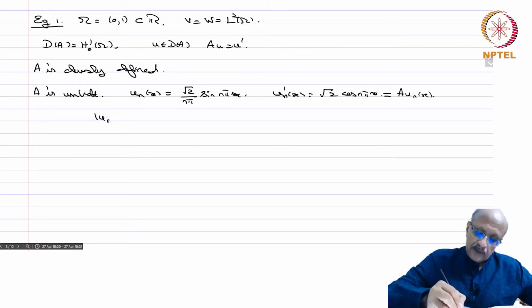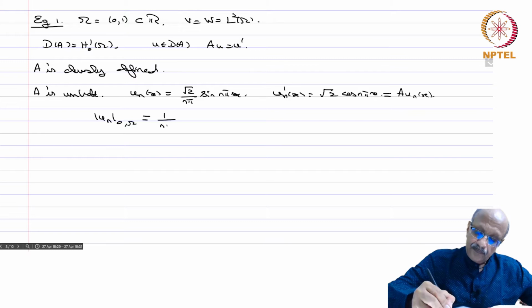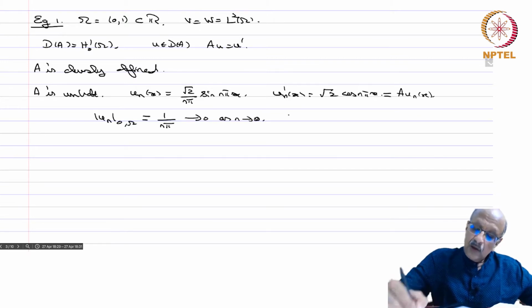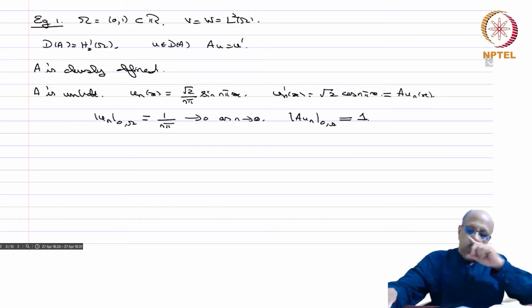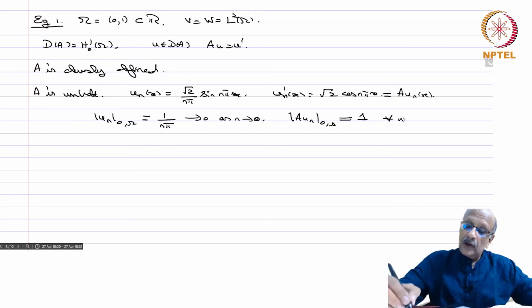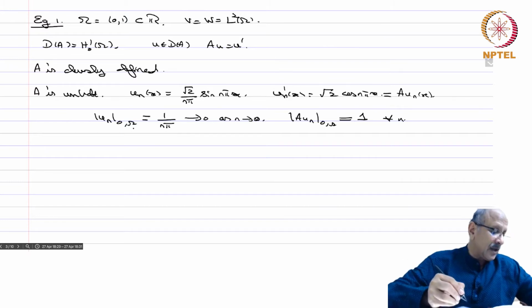So the L2 norm of un is equal to 1 over n pi, and that goes to 0 as n tends to infinity, whereas the L2 norm of Aun is the norm of root 2 cos n pi x, and that we can easily check is equal to 1 for all n. So you cannot have a constant C with norm of Aun less than C times norm of un, because this stays at 1 and this goes to 0. Therefore, this implies that it is unbounded.